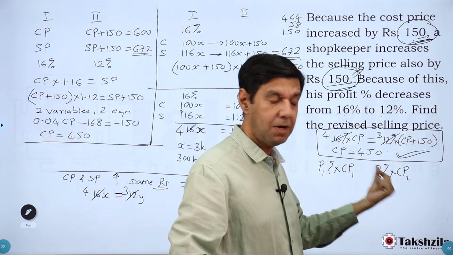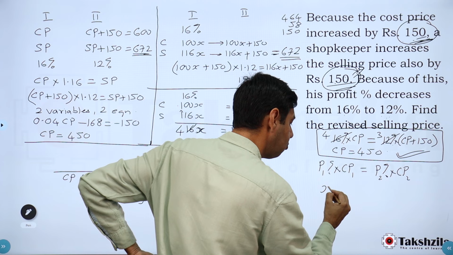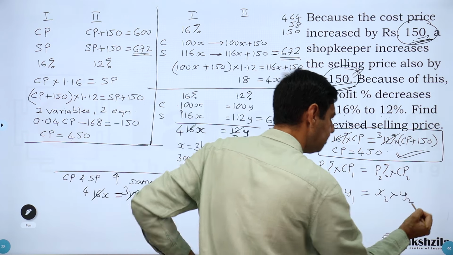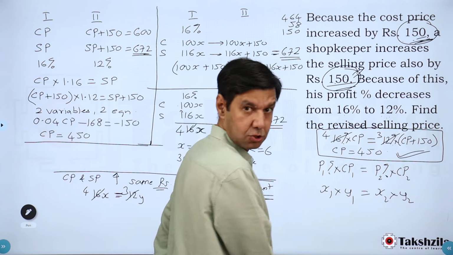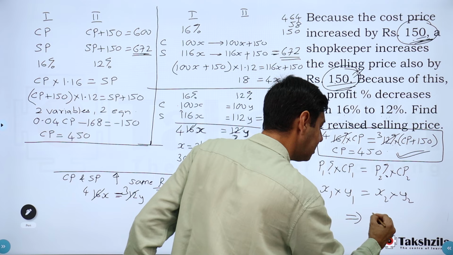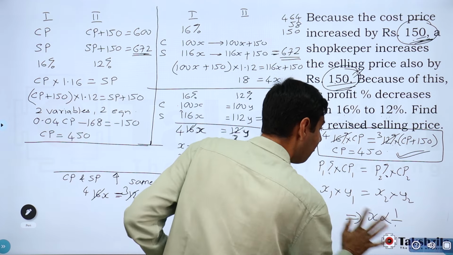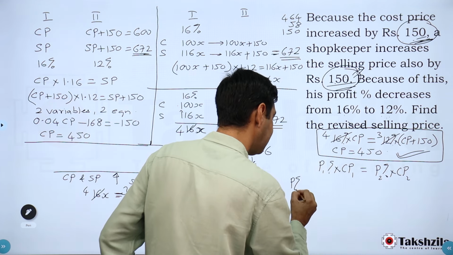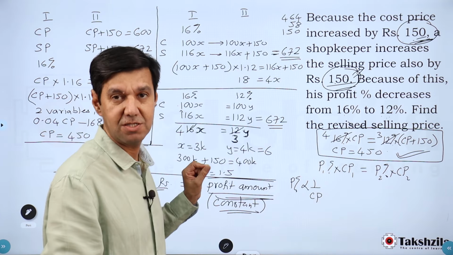So this is P2 and this is P1. Could I say it is same? Now, is this similar to x1 y1 is equal to x2 y2? And once you have this, you should know that this is as good as x and y being inversely proportional. So from here, you should directly know that profit percentage is inversely proportional to cost price, provided profit is constant.